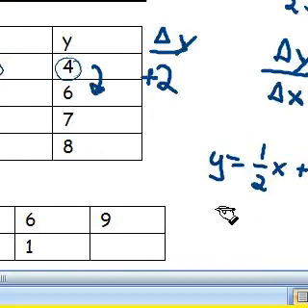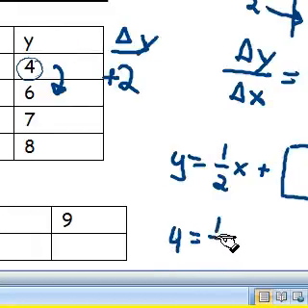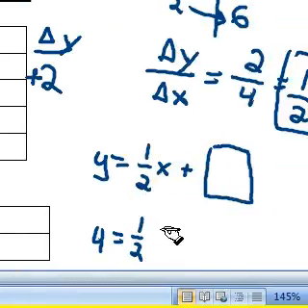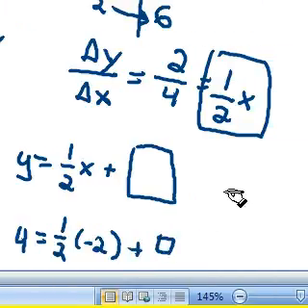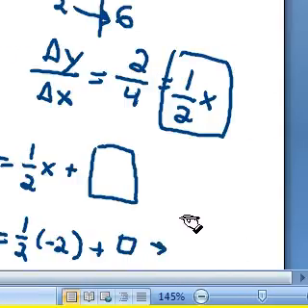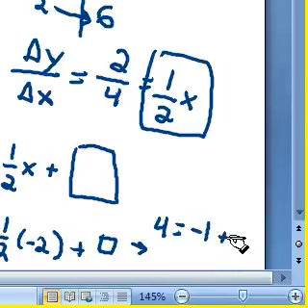So what we could do is just rewrite that as 4 equals 1/2 times negative 2, plus some constant. And then this would have given you 4 equals negative 1 plus some number. And after you solve that, it becomes obvious that 5 is that number.